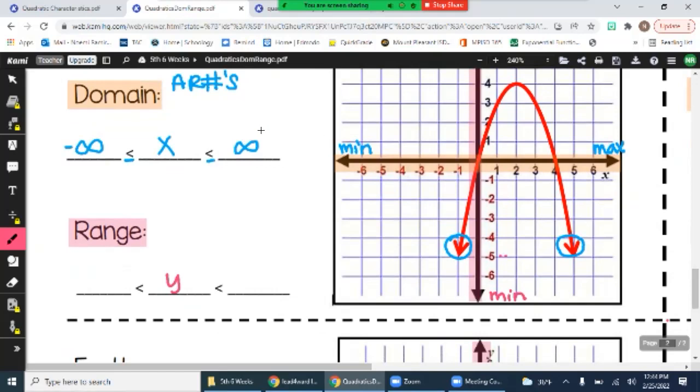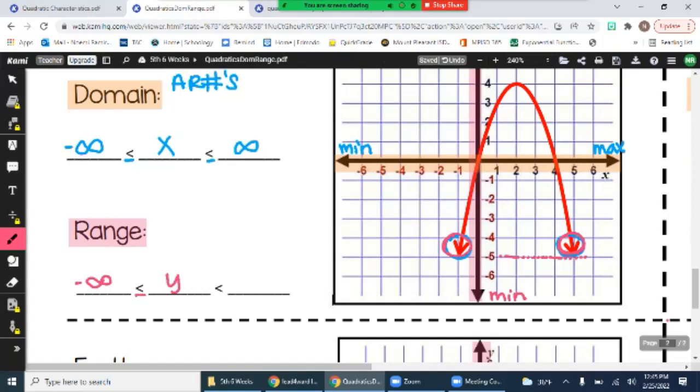Okay, so both of those line up with -5, but what are they? What's the name of the shape? It's an arrow. And how do we write an arrow over here? Infinity, yeah. All right, that's my minimum.